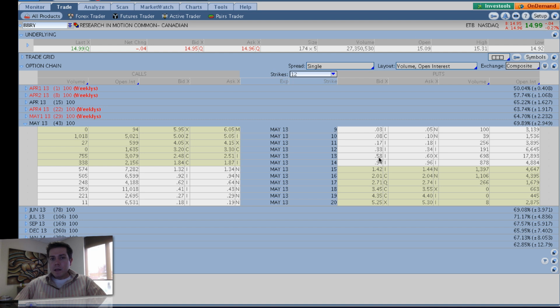So what does that mean? If you just sell the May 13s, what if, say for example, tonight Blackberry announces a total shakeup in their management and the fact that their latest smartphone has totally flopped, and the stock opens tomorrow morning at 10 and you had sold the 13 puts today at 58 cents.